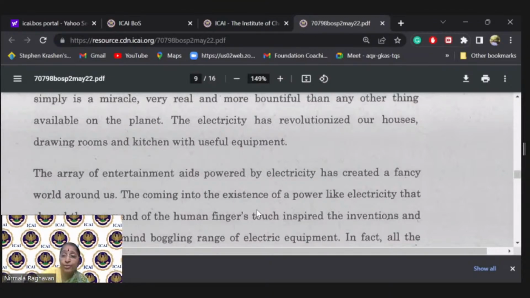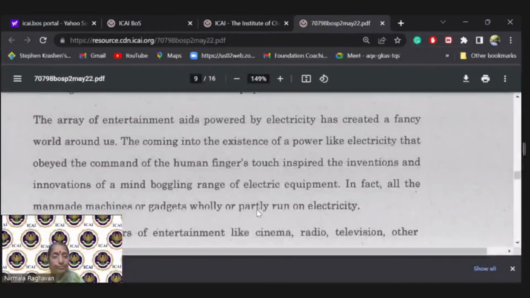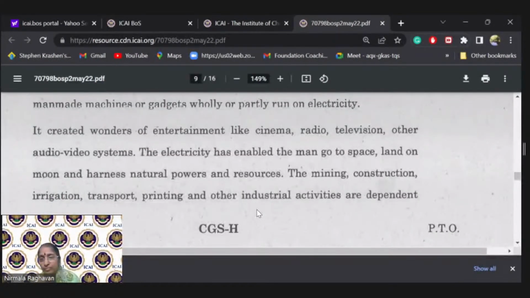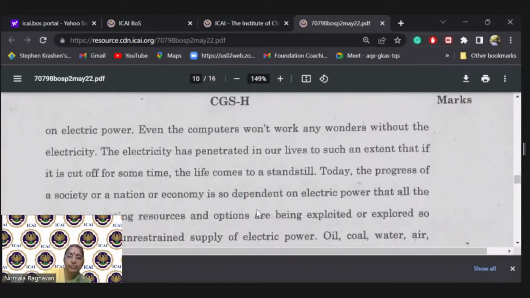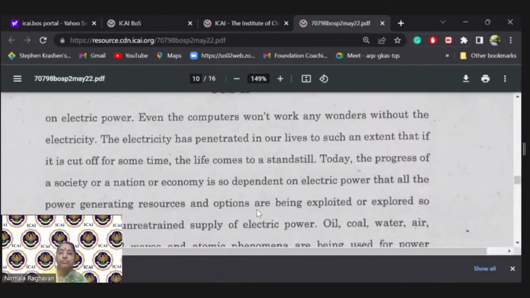I'm also reading along with you, so I know how quickly you should be able to read. I hope you're able to read quickly and it's not a difficult passage.